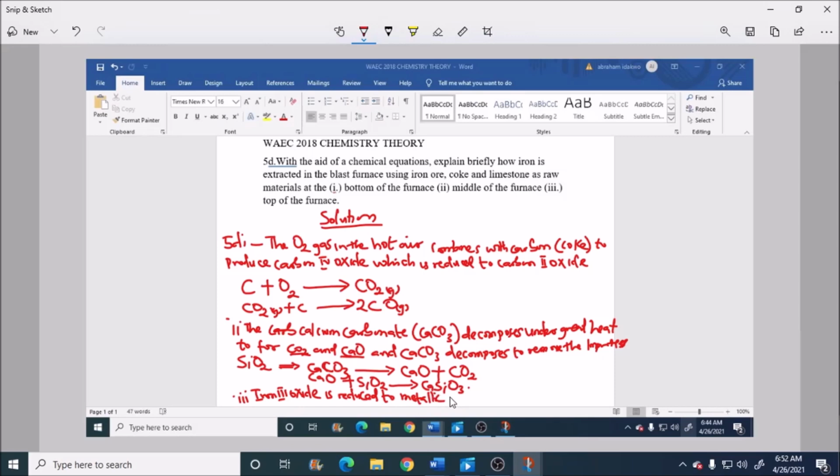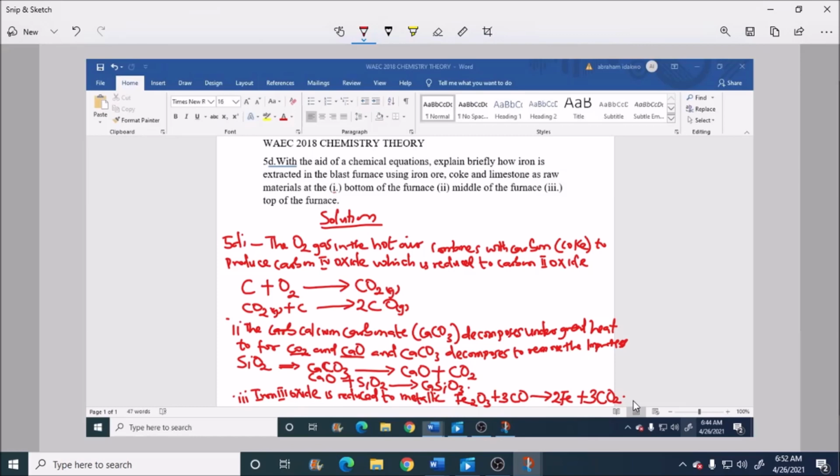Then representing this in equation, we have iron 3 oxide, that is Fe2O3 plus 3CO, that is carbon 2 oxide, to give 2Fe. So it is reduced to iron, that is metallic iron. Then we have 3CO2 to balance our equation. So this is what happened at the top of the furnace.